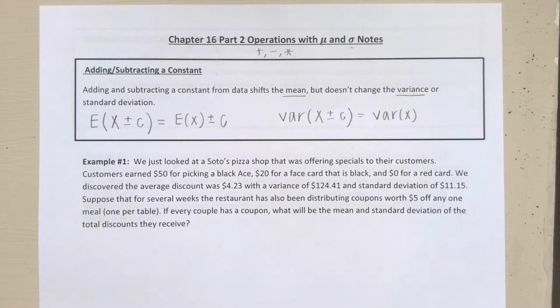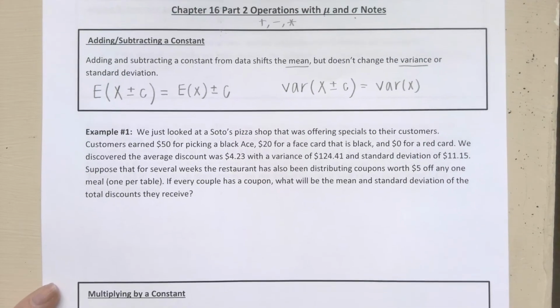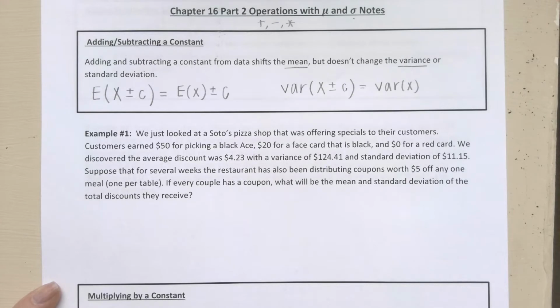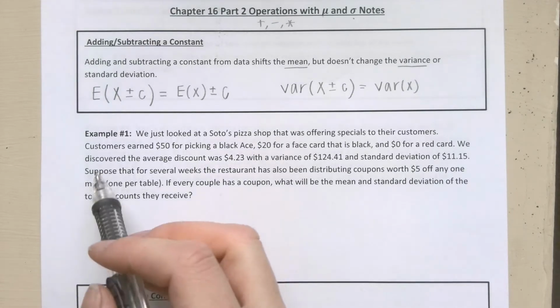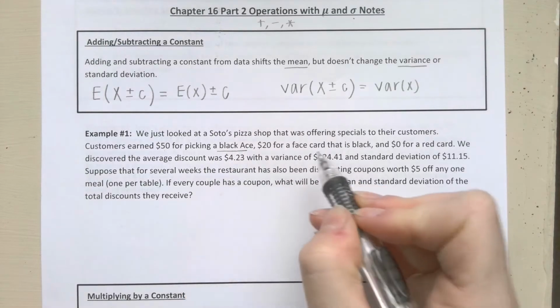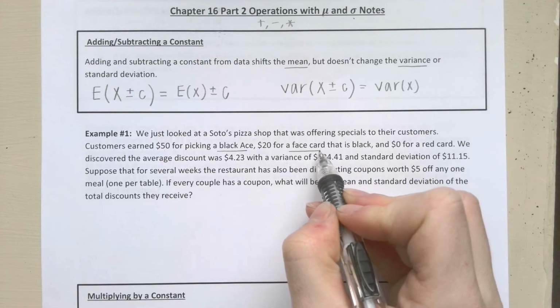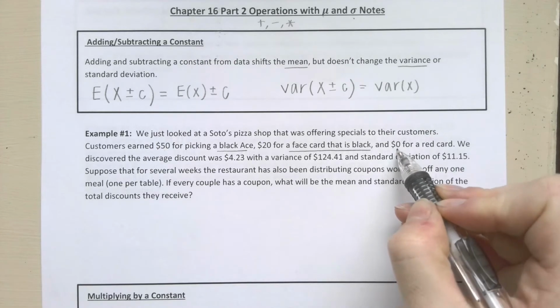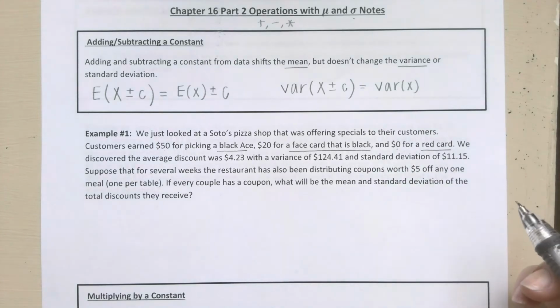So example 1. In that opener that we just did, we looked at Soda's Pizza Shop. It was offering specials to their customers. This is just the same problem again. They earned $50 for a black ace, $20 for a face card that is black, and $0 for a red card.